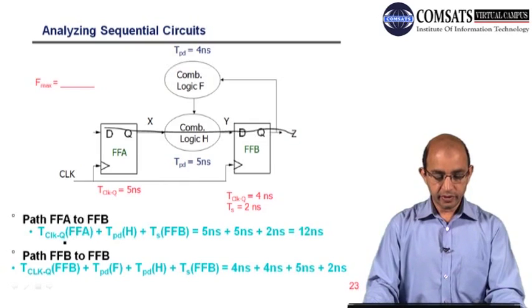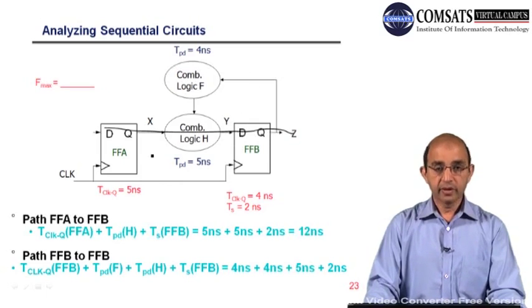So what we need to do is this: this is the propagation delay for this flip-flop, and this is the propagation delay for this combinational circuitry, plus we have to include TS. Here we have a loop back, or you can say a feedback, so that's why we are including TS here. So this and this: 5 nanoseconds plus 5 nanoseconds plus 2 nanoseconds.